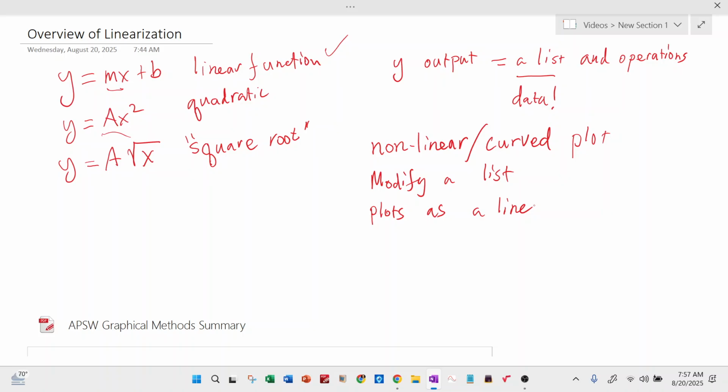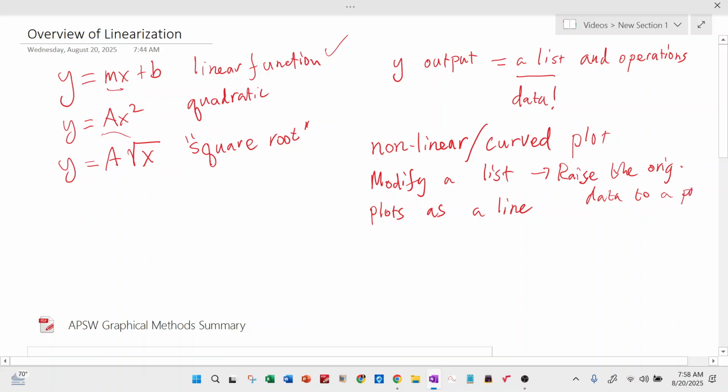Okay, so when I say modify a list, that means raise the original data to a power. Raise the exponent to a different power than what it is. So, for instance, that could be square root.